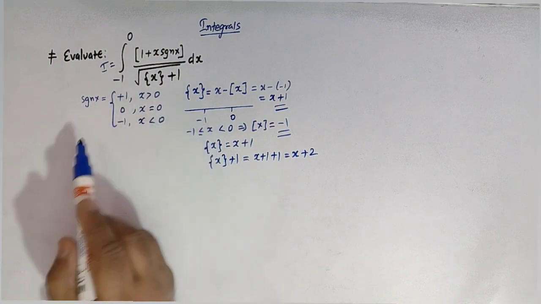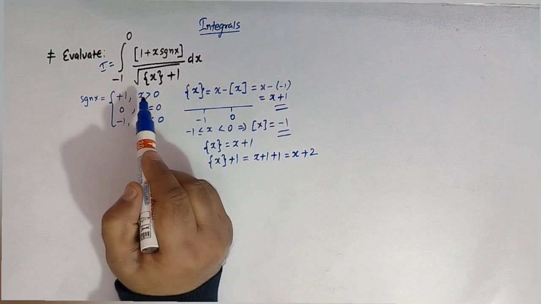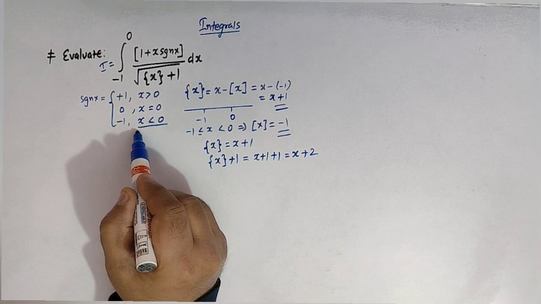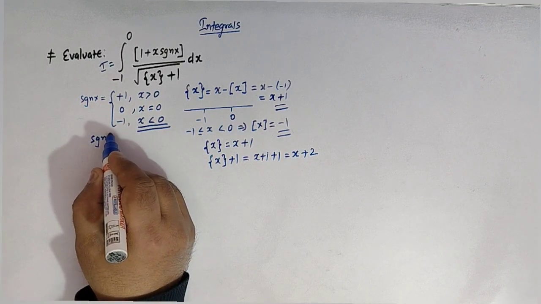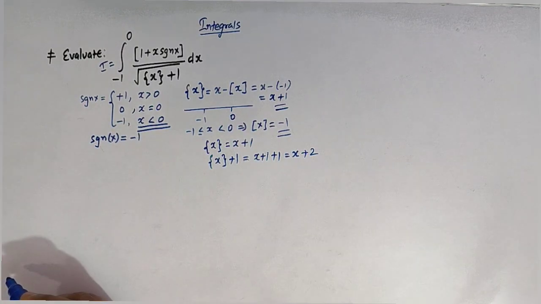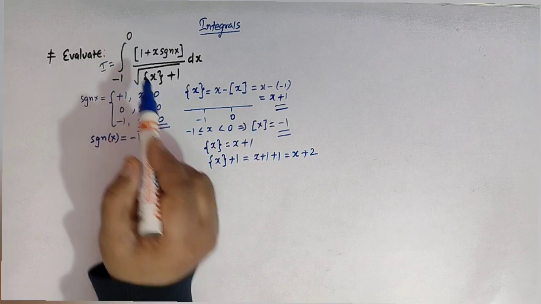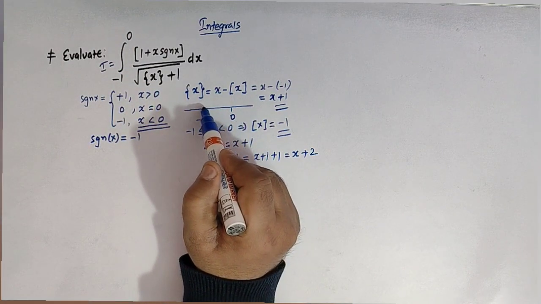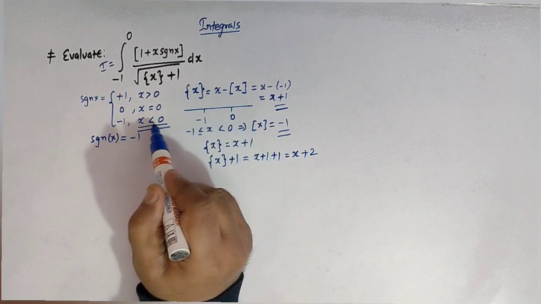Here x goes from -1 to 0, so all the values of x are less than 0. So in our integral, signum of x is equal to -1, because all the values of x which lie in the interval -1 to 0 are less than 0.